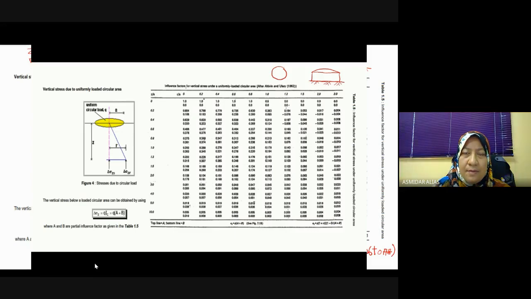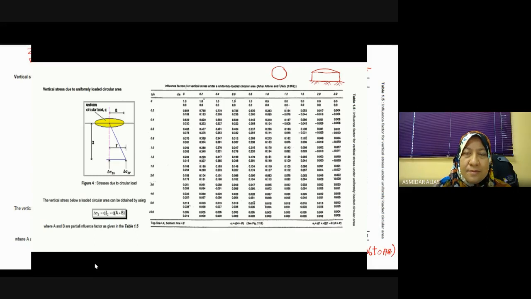So this is a kind of stress that can be put on the top of the soil, and because of the shape, we must calculate the influence factor due to the circular shape of the water tank. Of course, we have done the point load, the line load, the strip load, and then triangular strip load.